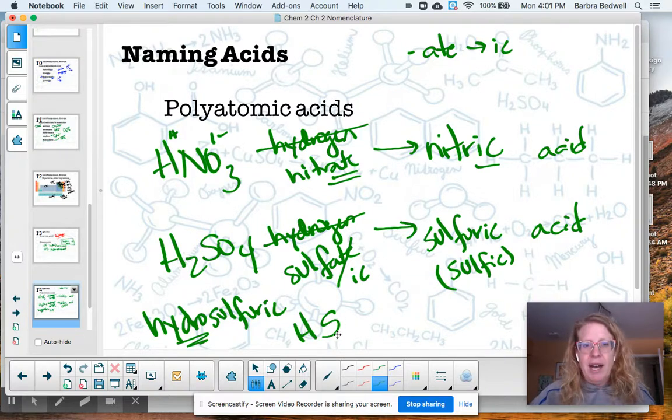So if you take a look at our ions here, sulfur as an ion is a 2 minus, hydrogen is a 1 plus. So H2S would be hydrosulfuric acid as opposed to sulfuric acid. Again, sulfuric acid is a polyatomic. Hydrosulfuric is hydrogen sulfide gas dissolved in water, H2S, versus H2SO4. It's a little bit unusual in terms of what they are.